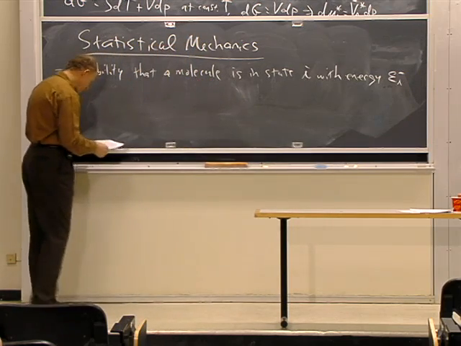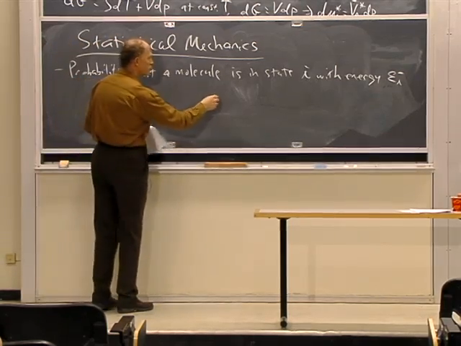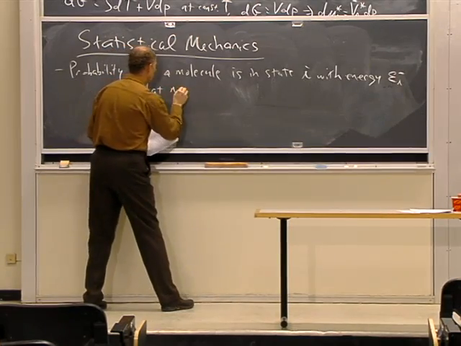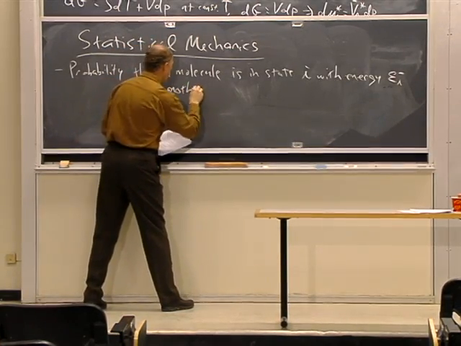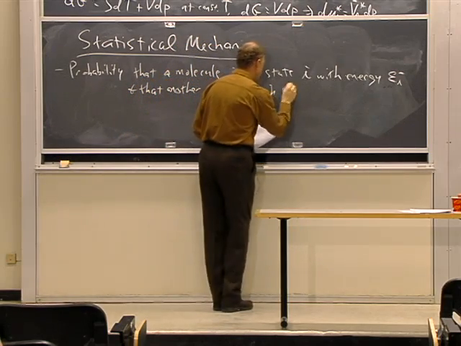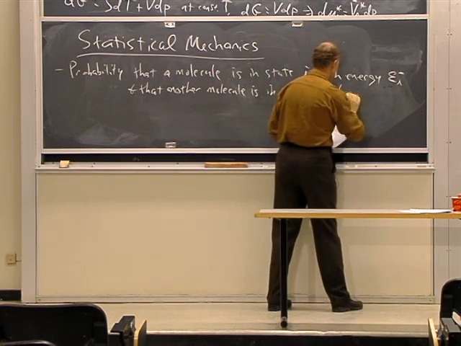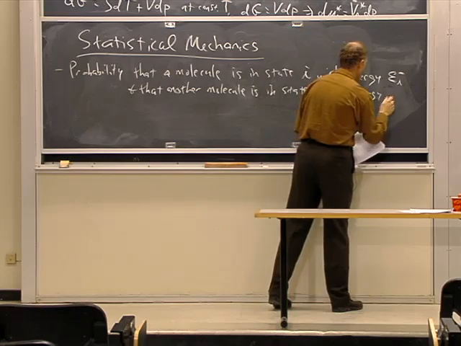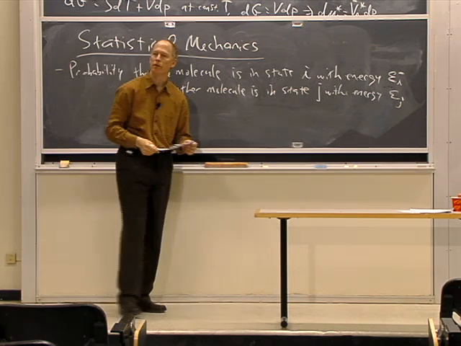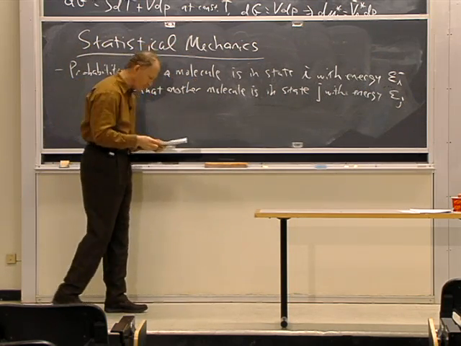Okay, but let's just consider it, right? So a molecule is in state I, and another molecule is in state J with energy EJ, right? So what we're going to calculate is the joint probability that the two molecules are in those states.